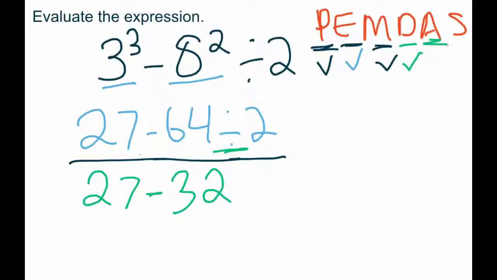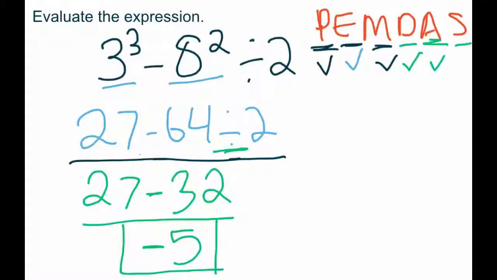Next, we look for addition. Here we do not see any addition in our problem, so we write a check. Next, we look at subtraction. Here we see 32 subtracted from 27, which gives us negative 5. And that would be our final answer.